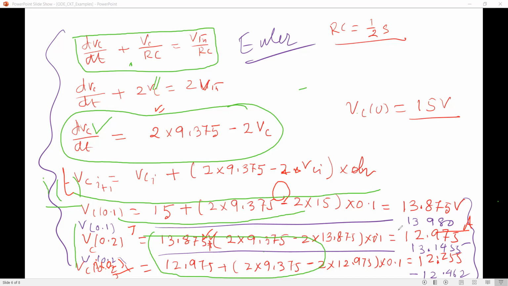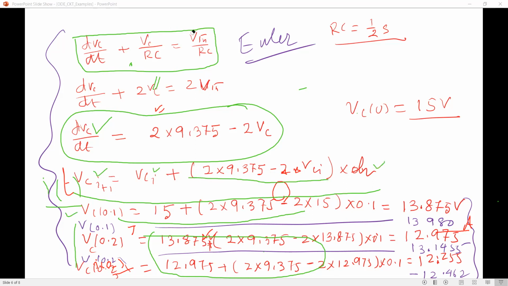The analytical is shown in the blue text, and at 0.2 second your voltage is there and the analytical solution is there, and for 0.3 second your voltage is there, the analytical solution is there. In this way you can have your solution done.